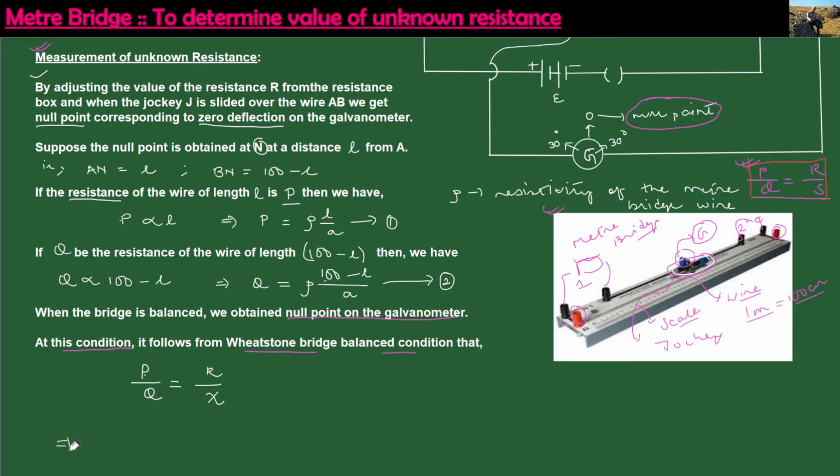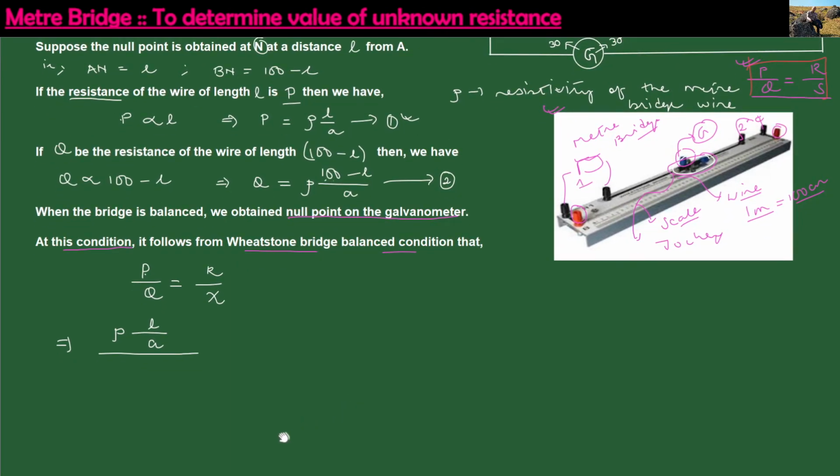So from equation 1, the resistance will be rho L by A, and from equation 2, rho times (100 minus L) divided by A, and this will be equal to R divided by X. Some of the terms get cancelled: rho and rho cancel, and even A and A cancel.